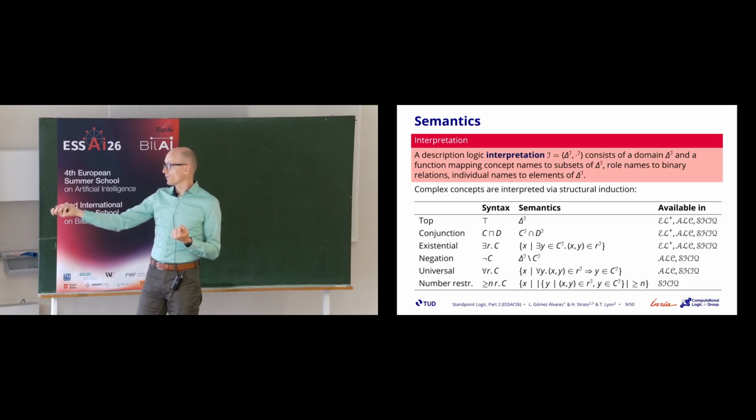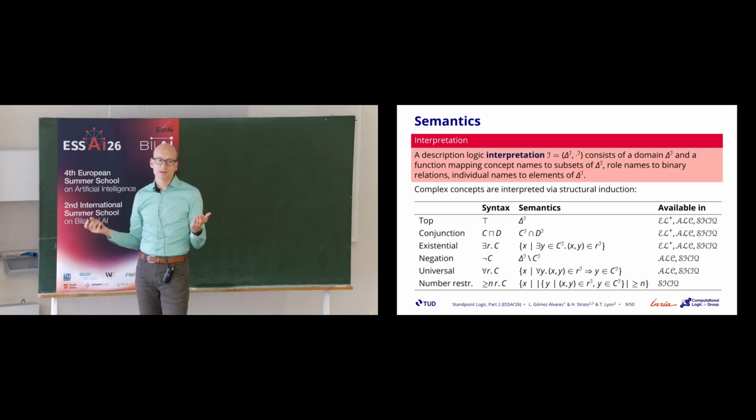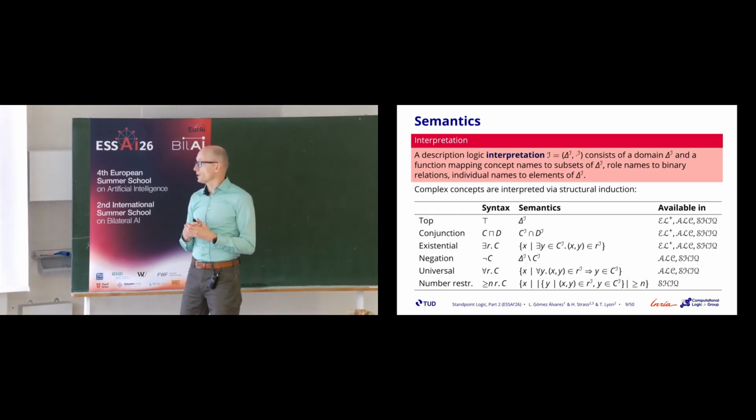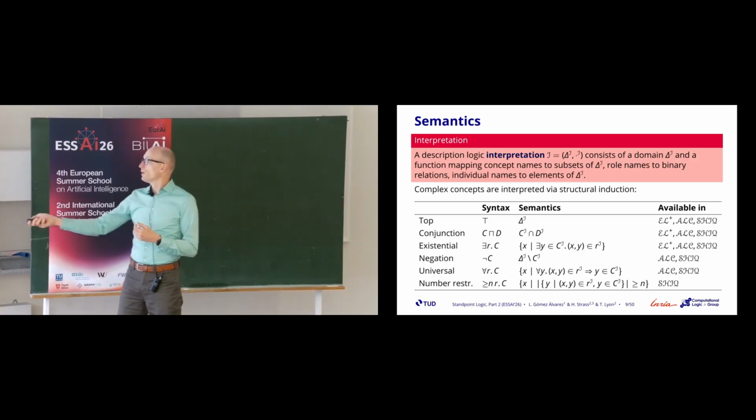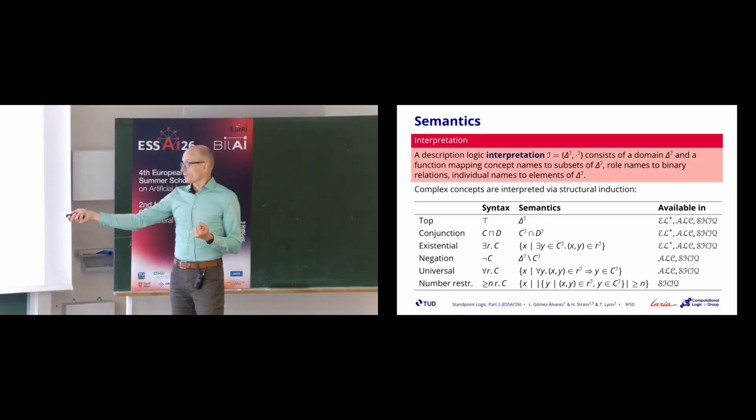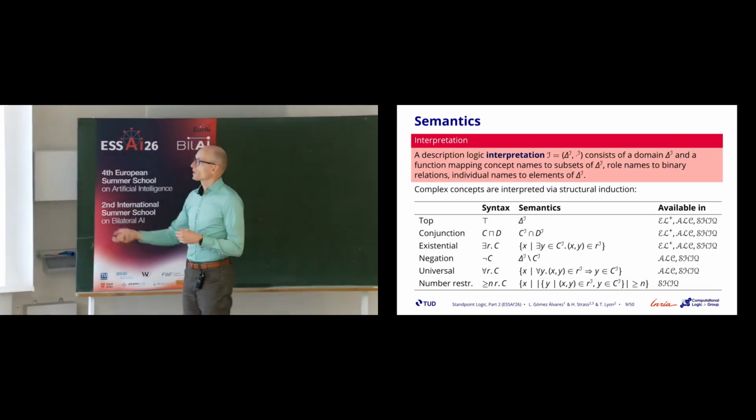Which is an R successor of X and which is a C. So which is what this existential restriction is supposed to express. Negation is interpreted as the complement with respect to the whole interpretation domain.